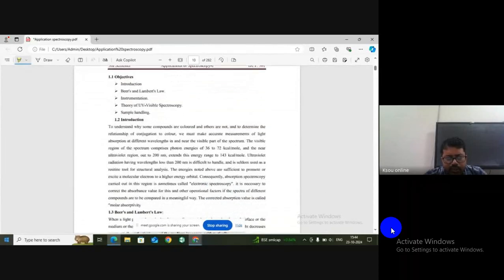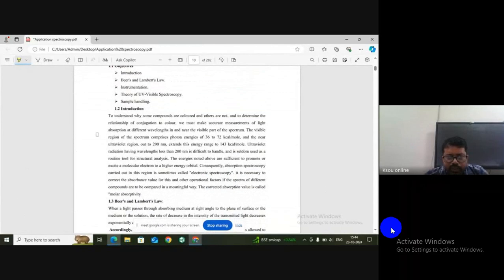In the introduction, a very important question is why some compounds are colored and others are not. To determine the relationship of conjugation to color, you must make accurate measurement of light.